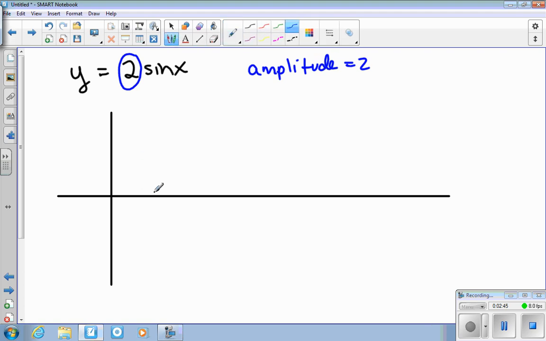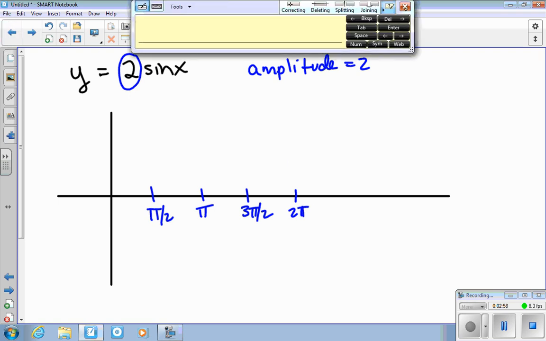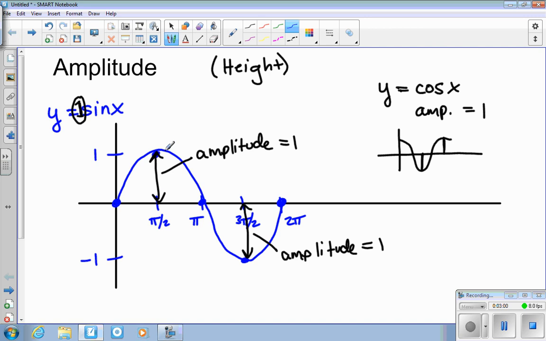So I'm going to go ahead and graph this. We still have the same markings, pi over 2, pi, 3 pi over 2, and 2 pi. Normally sine of x goes up to 1. But because our amplitude is now going to be 2, this distance needs to be 2.